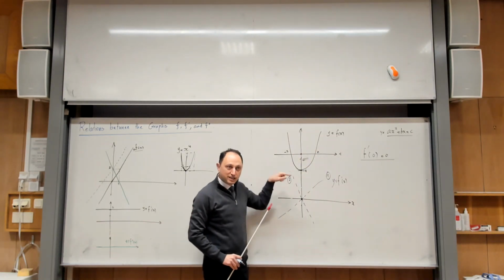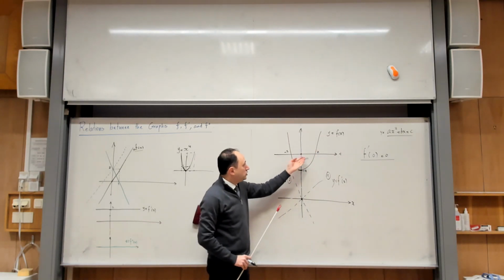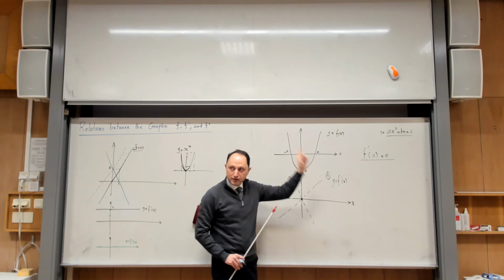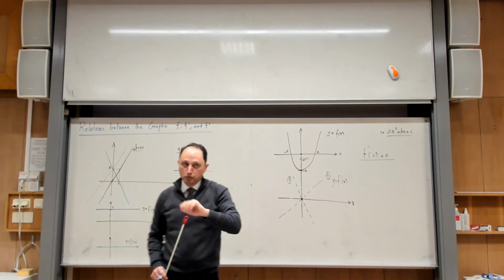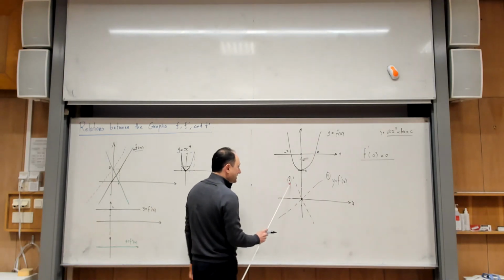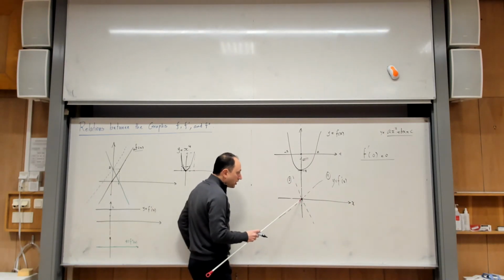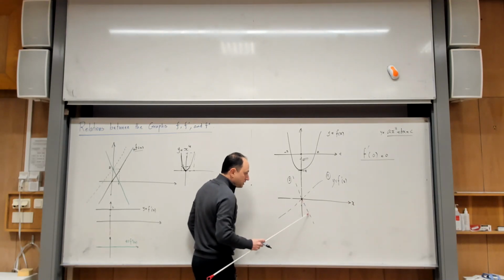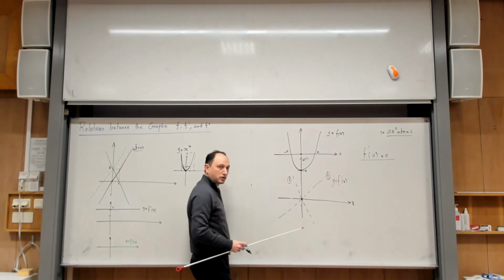The function is increasing. So by looking at the function on the right-hand side, I see the graph is increasing. When the graph is increasing, the derivative should be positive at that part. But this function is exactly the opposite, because on the positive x part, the derivative is below the x-axis. So the derivative is negative, so that is not working, yes?